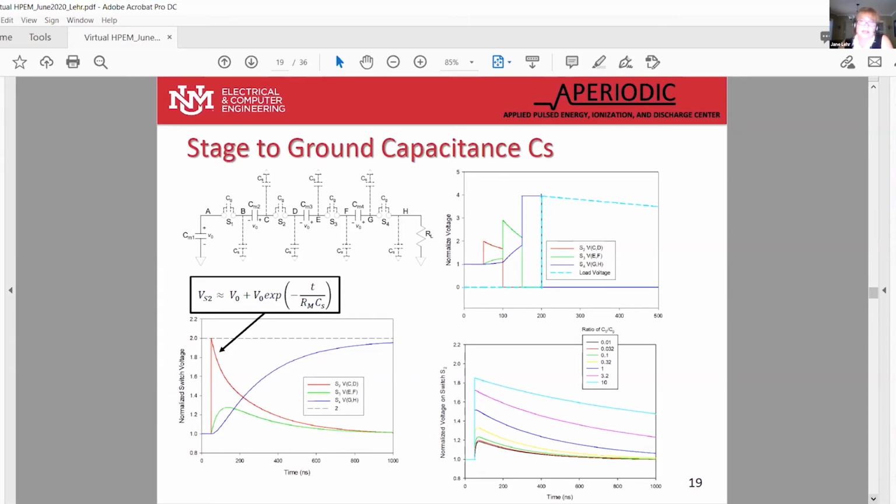We see in these figures that we now have sequential erection. We go S1, S2, S3, S4 onto the load, and the overvoltage on S2 depends on the ratio of the stray capacitance to the gap capacitance. So we're acknowledging that we always have a gap capacitance. In fact, we need a gap capacitance.